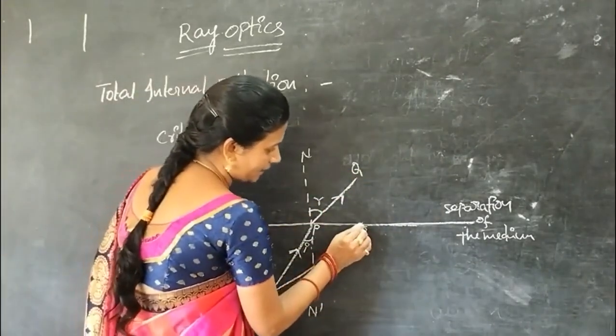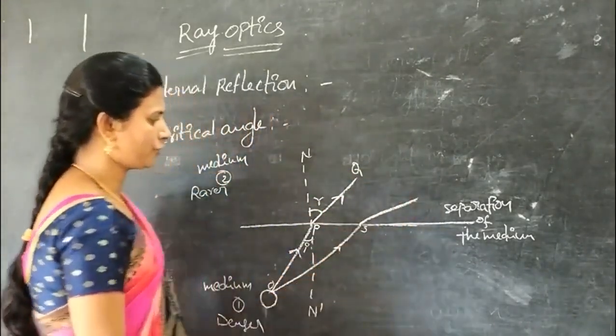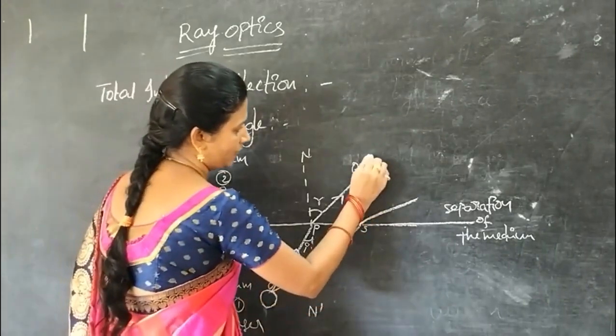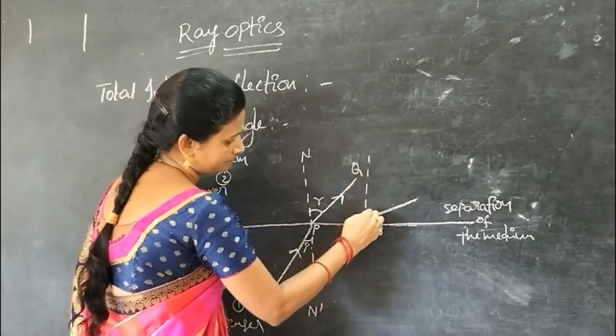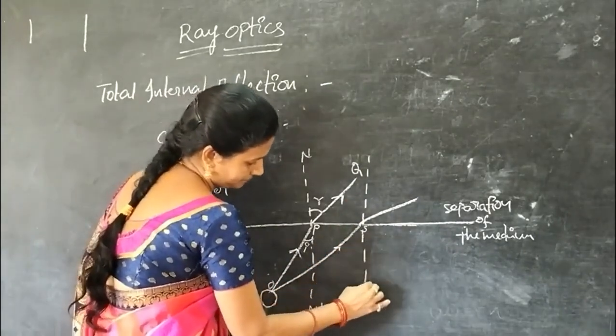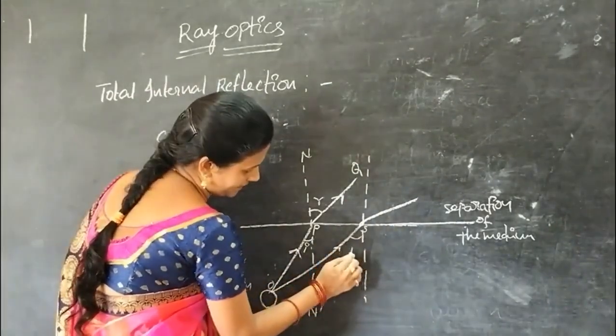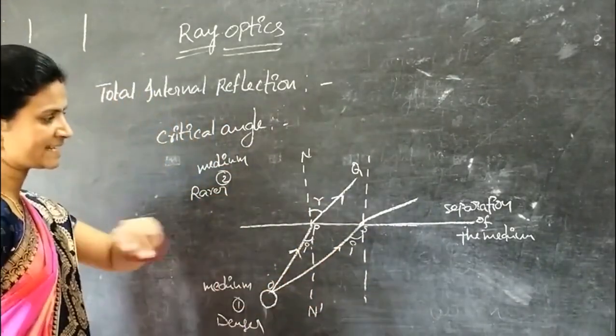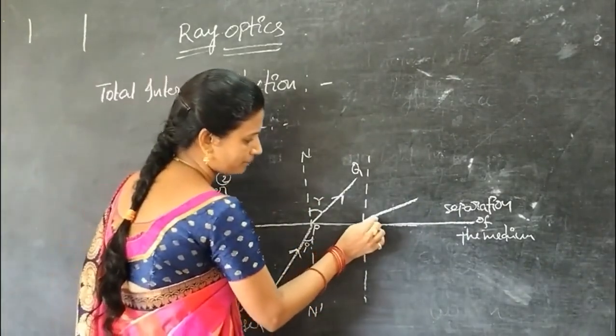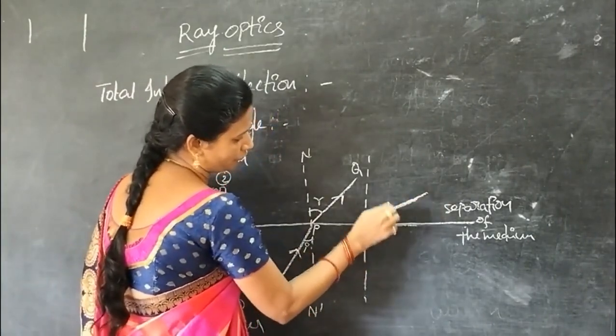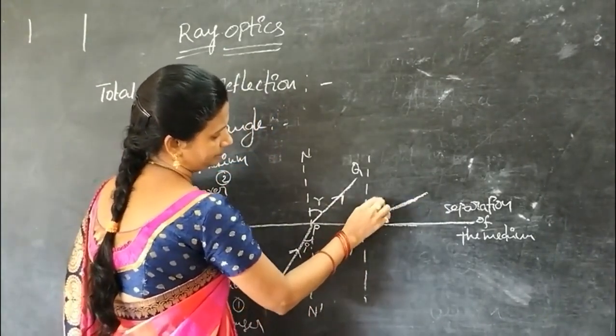So that's why the light ray bends away from the normal. So let us draw a normal here. So this is angle of incidence I. Here we are increasing the angle of incidence. So this is the angle of refraction R.